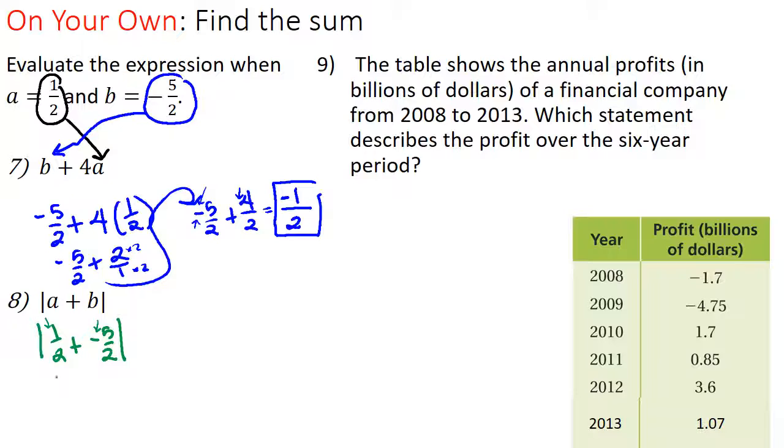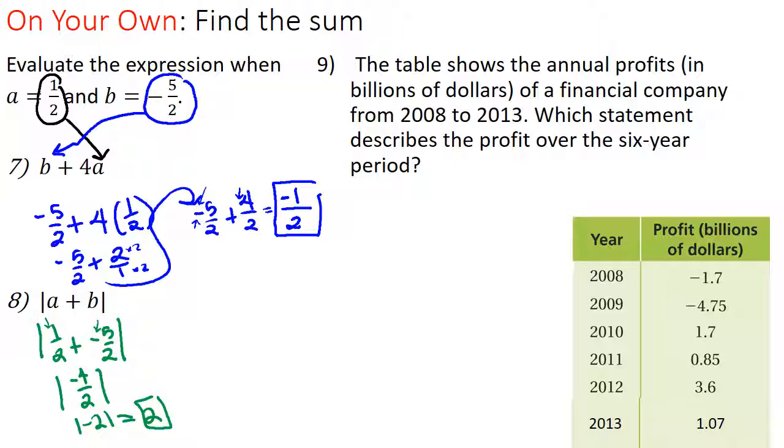So my answer is going to be absolute value of negative 4/2. So once I have this, I can simplify the inside of this absolute value sign, and it's going to become negative 2. So I have absolute value of negative 2. So my answer is going to be a positive 2.